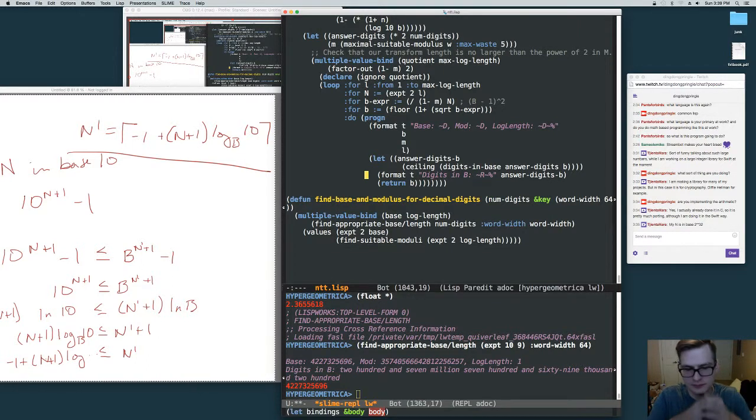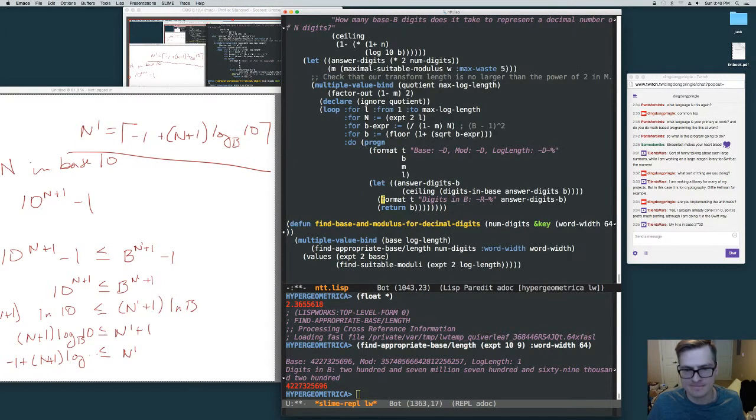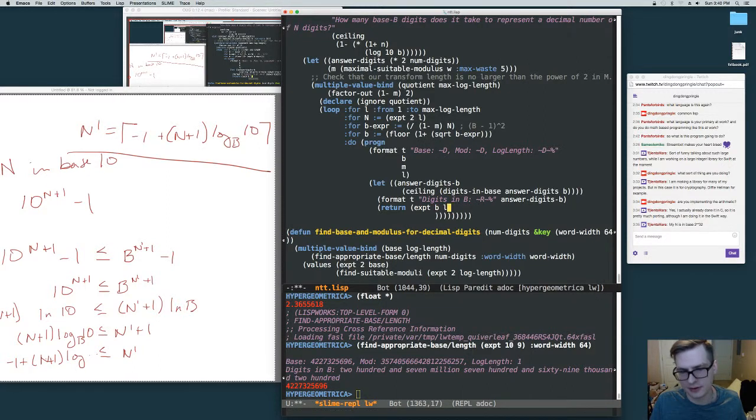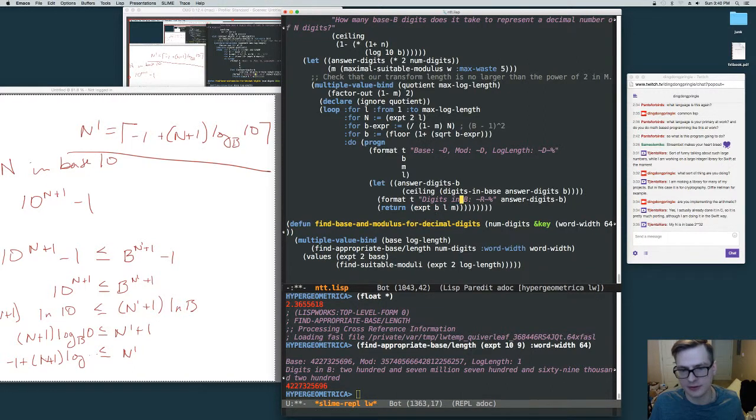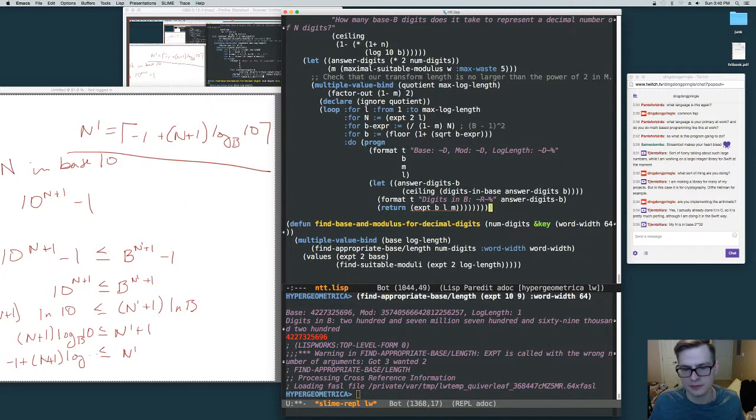So we want to return both the base, the length, and why not the modulus. Oops, we don't want to do wrong values.